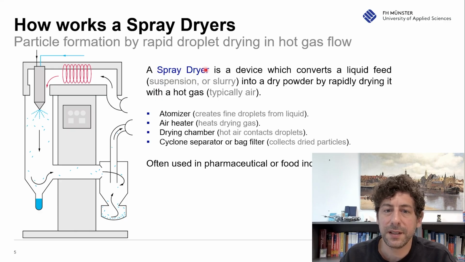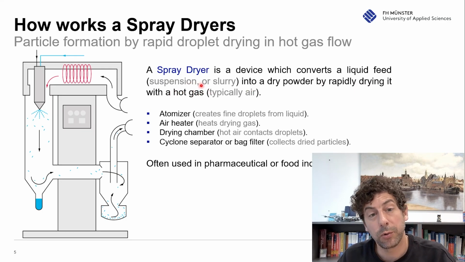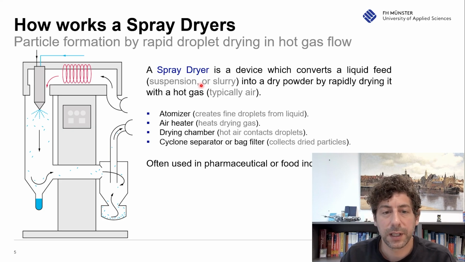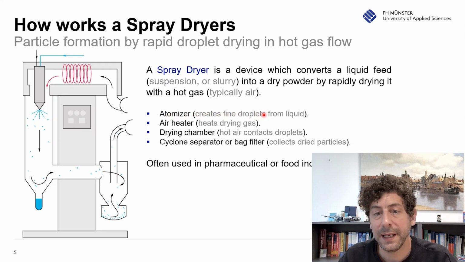A spray dryer is a device which converts a liquid feed, so we have a suspension or slurry, this is the blue arrow here, into a dry powder by rapidly drying it with hot gas, which is typically air. So we have a liquid and we dry it in hot air, and then we get very nice dry powders. A spray dryer consists of an atomizer, and this creates the fine droplets from the liquid. So this is what you see here.